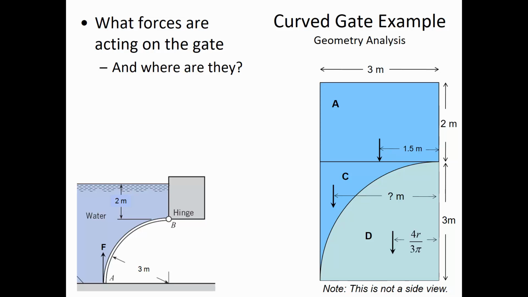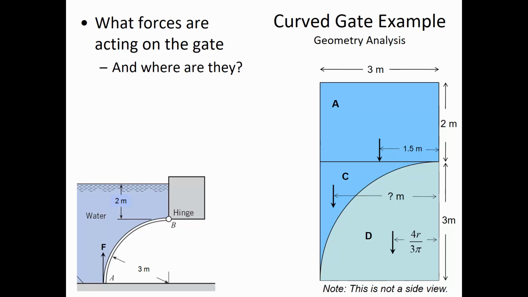And then we have to multiply it by 9810 newtons per meter cubed. So the net volume is 24 meters cubed, and that's just talking about this element A. So the force of the weight of the water of element A is 235,440 newtons.